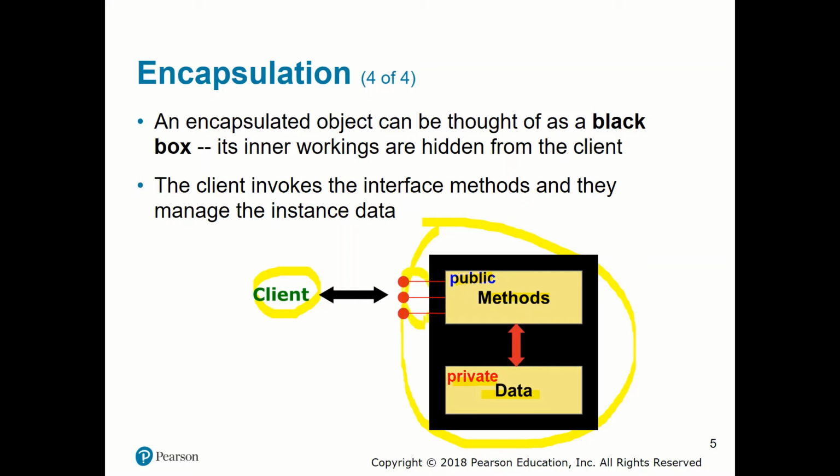So this is the interface. This means that the data is private, encapsulated with public methods. So the client can contact the methods to manipulate the data. And at this time, the client doesn't have to know how these methods are implemented. This is encapsulation.